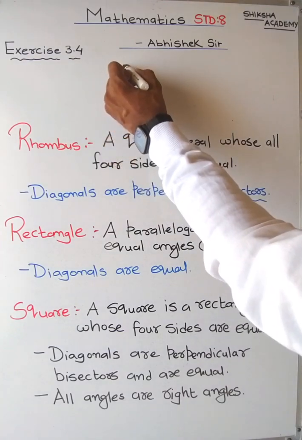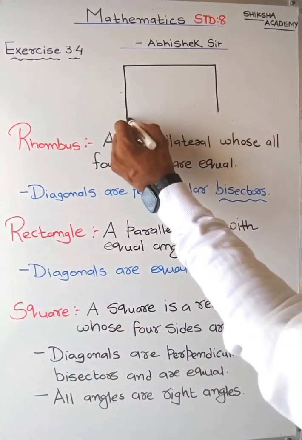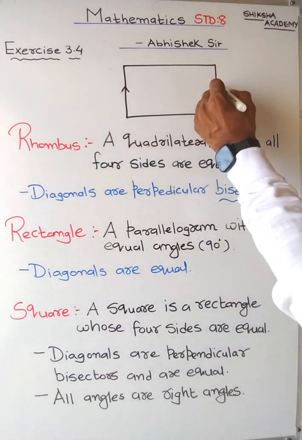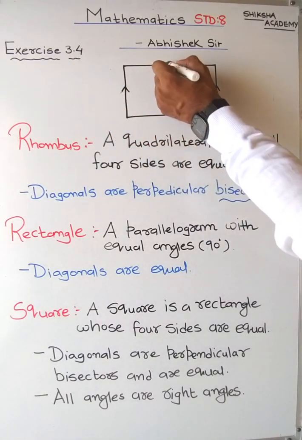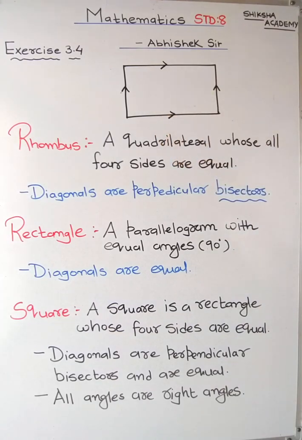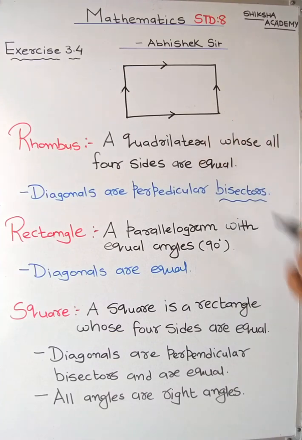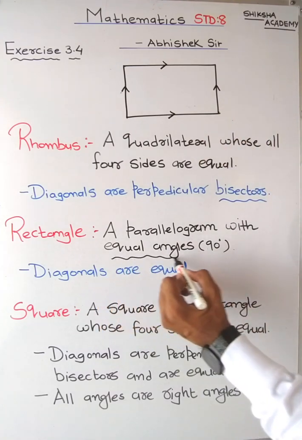First of all, it fulfills the property of a parallelogram. That means this pair is parallel and this pair is also parallel. Clear? So now it is a parallelogram but with equal angles.